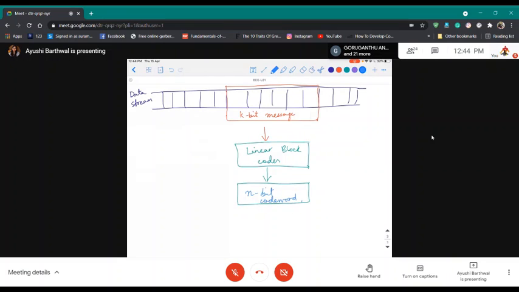So how is it converting it into an n-bit code word? Basically, it is adding n minus k redundant bits.